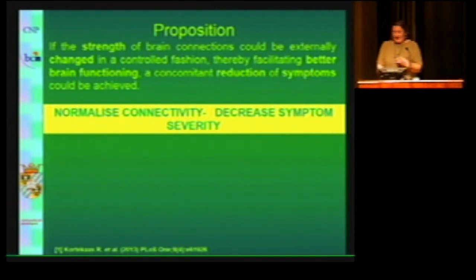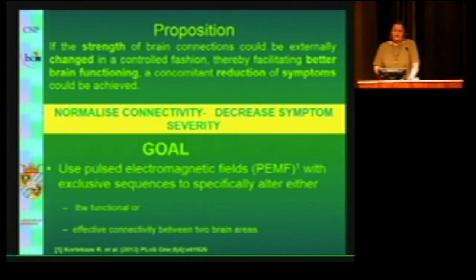However, before we are able to change the connectivity in a controlled fashion, we have to find a good, solid way to do it. The goal of this study was to show whether, with the use of low magnetic field stimulation, we can actually specifically change either functional or effective connectivity between two specific brain areas.